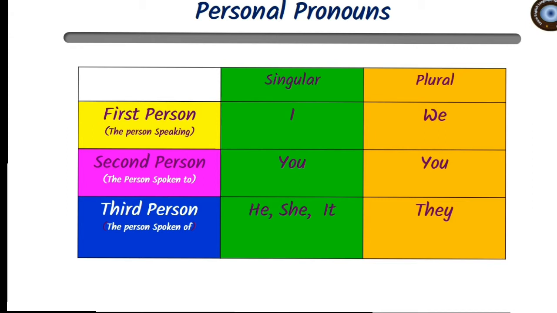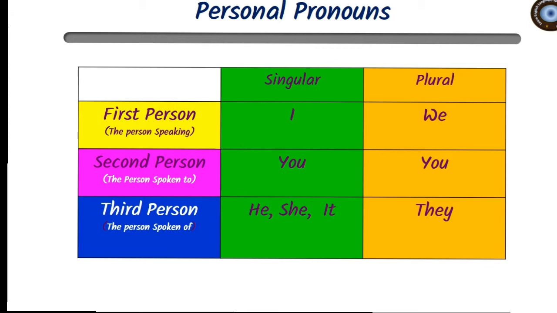Then second person, or the person spoken to: the second person pronoun is you, and its plural is also you. Then third person pronouns, the person spoken of: he, she, it are the singular third person pronouns, and the third person plural pronoun is they. So these are the personal pronouns.